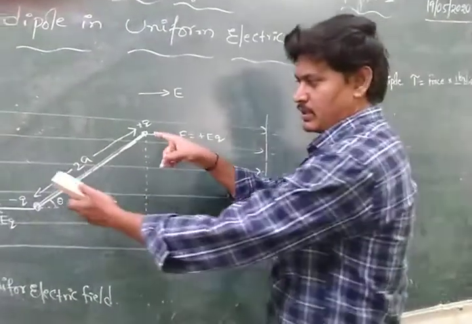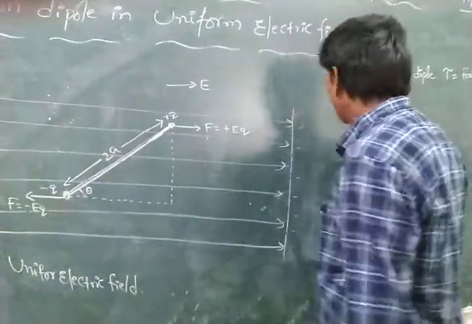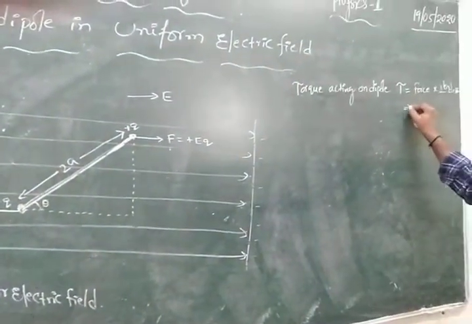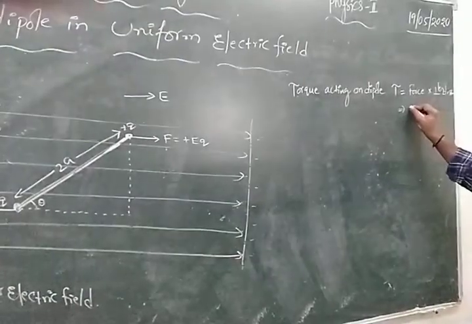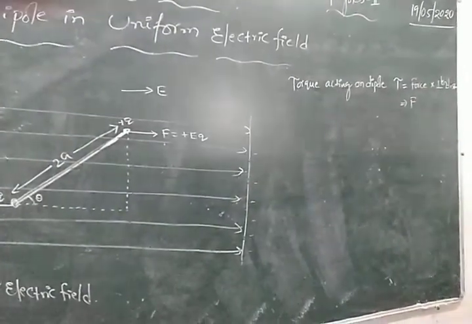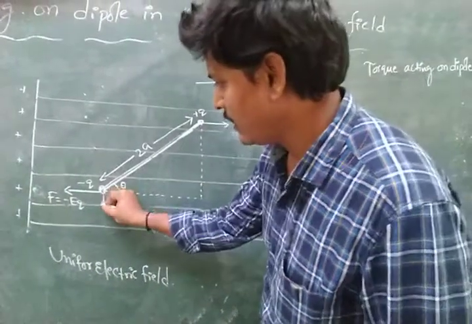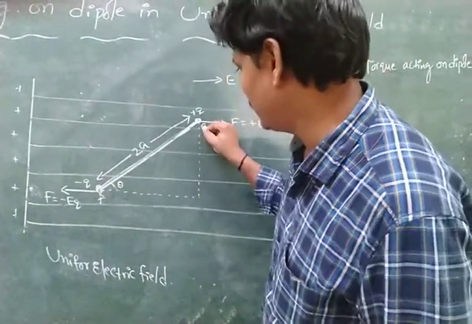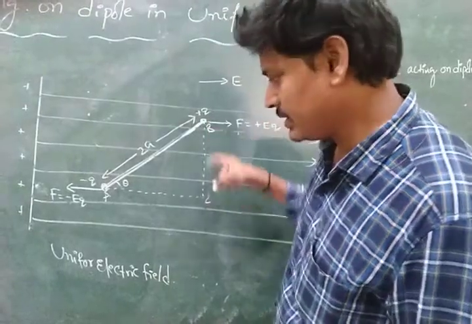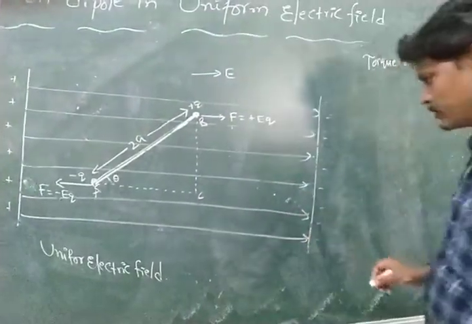The forces are equal in magnitude and opposite in direction. So the force F is constant, into the perpendicular distance between these two forces. This is A, B is the dipole, and here BC is the perpendicular distance between the two forces.